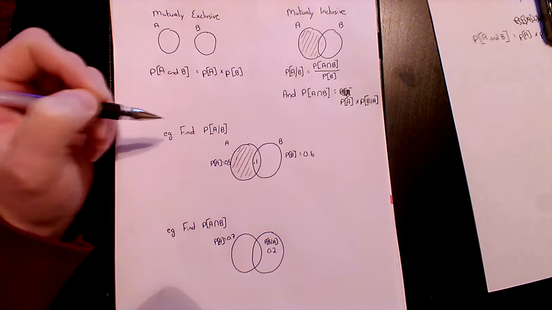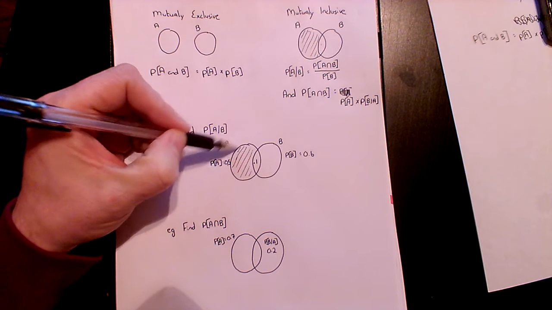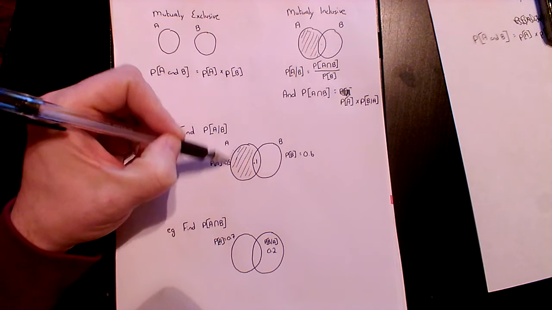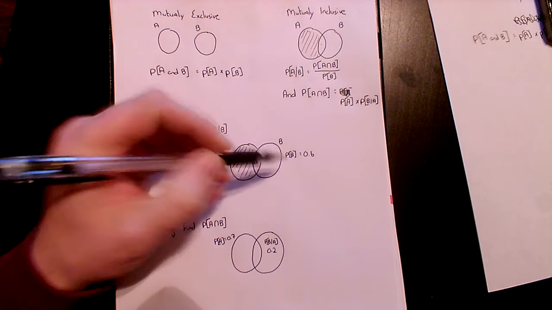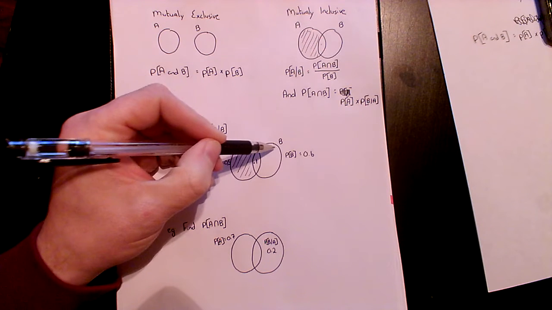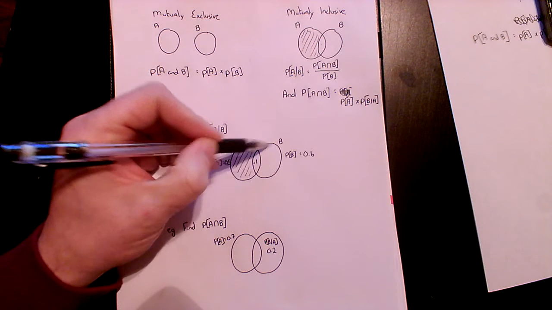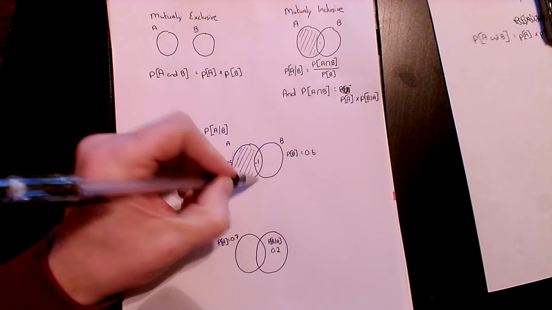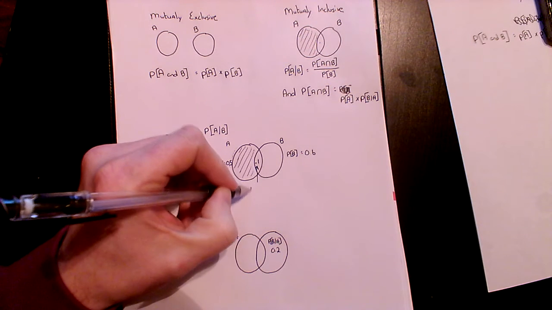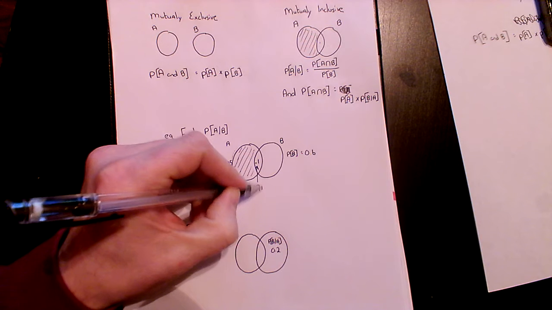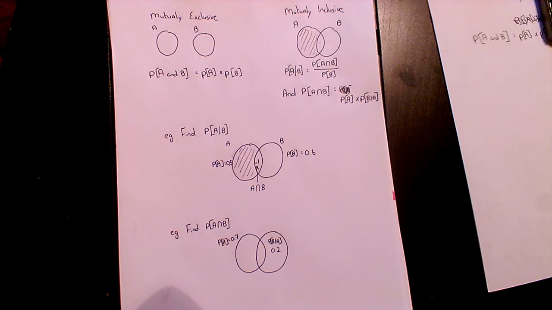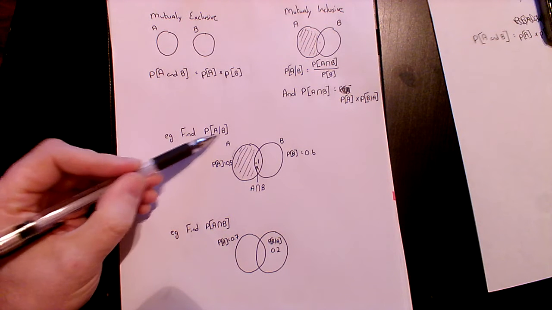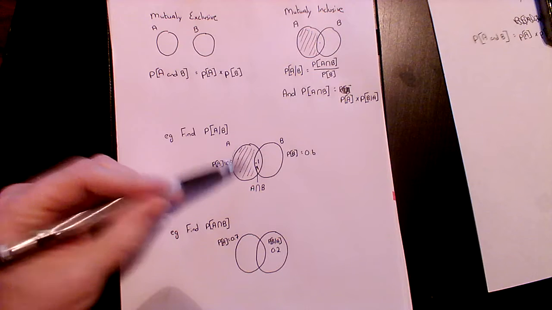Now I have the probability of all of A. And I have the probability of all of B. And I also have the probability of this bit here, which is A union B. And what I'm looking for is the probability of A without B, so this bit.